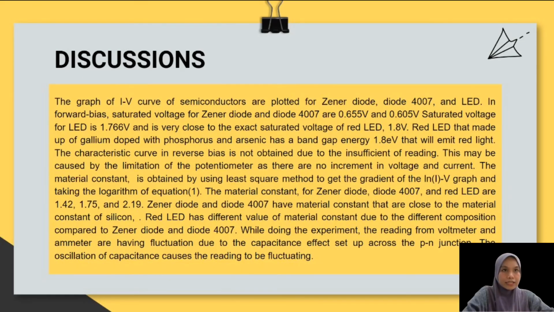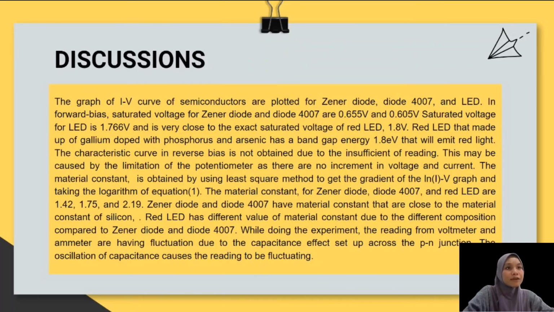The discussion is the graph of IV curve of semiconductor are plotted for Zener diode, diode 4007 and LED. In forward bias, we can see that saturated voltage for Zener diode and diode 4007 are 0.655 volt and 0.605 volt. Saturated voltage for LED is 1.766 volt.